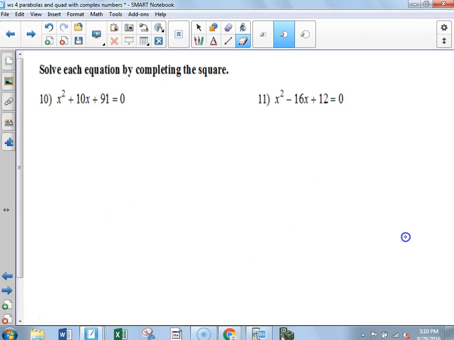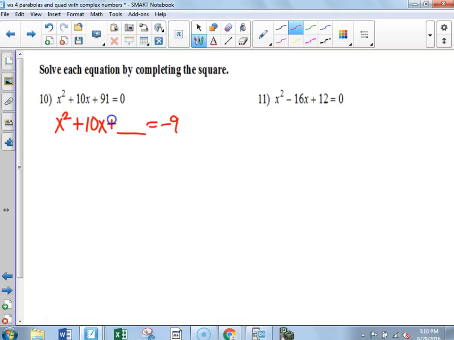Okay, that takes us to completing the square. Some of us wouldn't choose to do this by that method, but it's a good review of that. What do we do first?